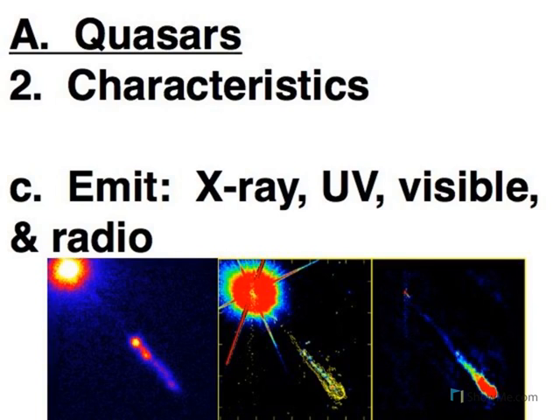When we study quasars at different wavelengths, we find that they give off X-rays, ultraviolet, visible light, radio waves. So here we've got, this is an X-ray image, I'm pretty sure, and ultraviolet and radio.